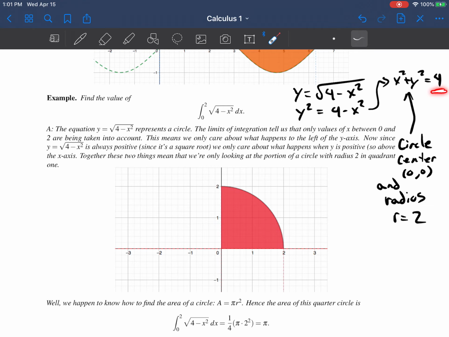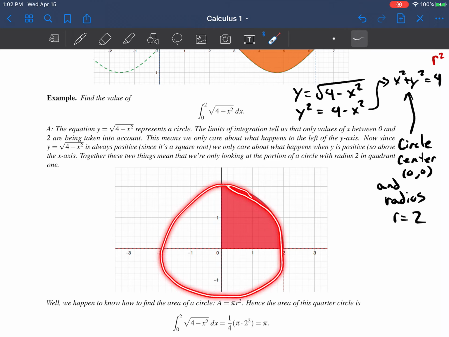Usually in the equation of a circle, this is the radius squared, so if I take the square root of this number, then I get the radius. Because this is the equation of a circle, we know that we're looking at a circle here.